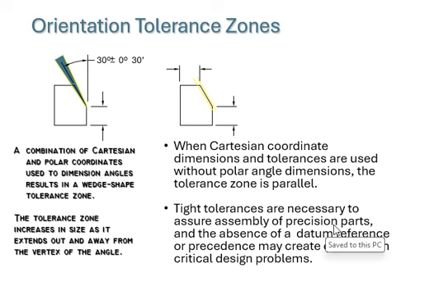Of course, if you deal with precision parts, then your tolerance has to be smaller. The smaller the tolerance zone is, the more precise your parts are going to be manufactured.